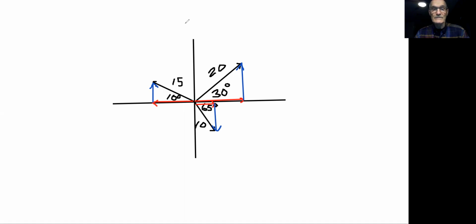Now, what I'm going to do when I'm doing a component method here, I will go back now and change this to X. So I'm going to have my X components, and we'll do it over here so we got a little room. I'm going to do my X components, and then I'm going to do my Y components. Now here's the thing. Anytime I have an X component here, it's going to be the magnitude of the vector times the cosine of the angle.